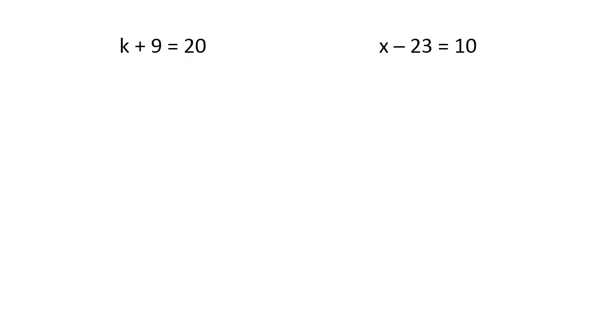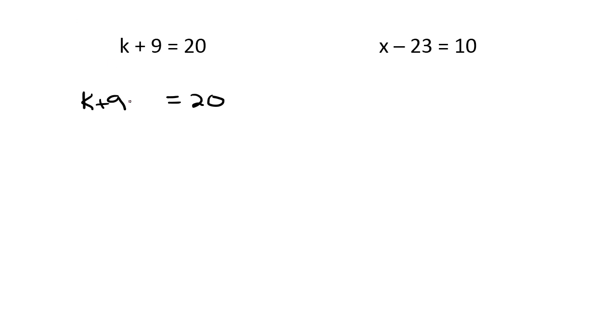Okay, here are a couple problems that are very similar to the ones that we worked out, but no teeter-totters. Here's how we solve it. Same idea. If I have the problem k plus 9 equals 20, I'm going to write k plus 9, and I'm going to leave some space, and then I'm going to write equals 20, because I know that what I'm going to need to do is subtract 9 to get rid of this plus 9.